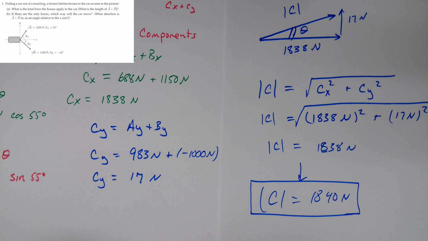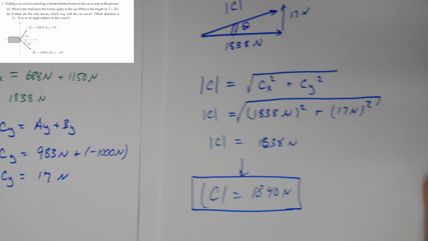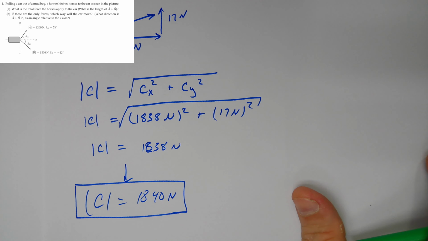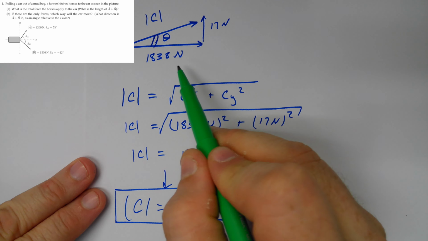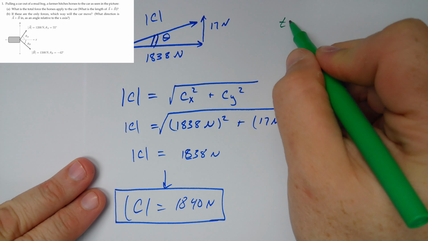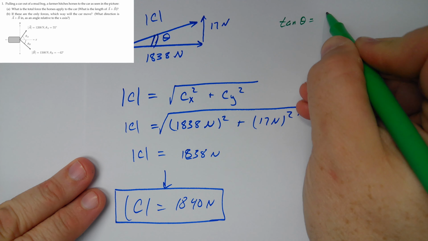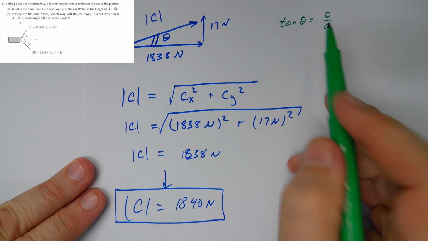Now the other thing we need is the angle that's in here. All right. So shifting that over a little bit, that angle theta, we have the opposite and the adjacent, and tangent theta is opposite over adjacent. Right. So we want to undo that.